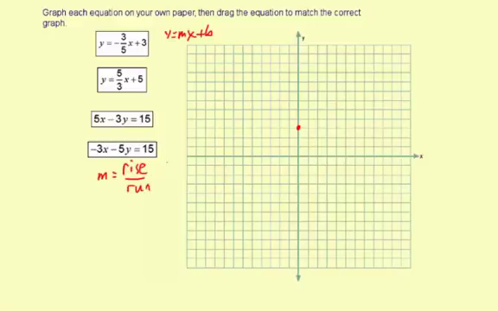That means we're going to go down 3, which is the rise, and then right 5, which is the run. So down 3 from the y-intercept, and then right 5. That gives another point. And if you would like to, you can continue this pattern to get a better idea of where you want to draw your line on your graph.